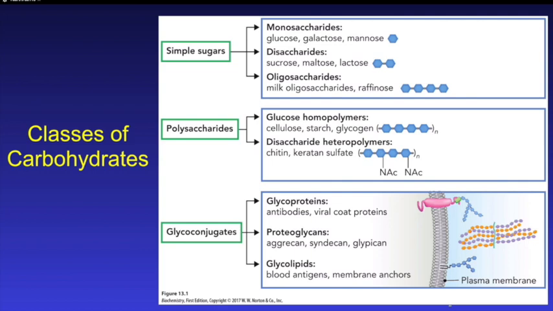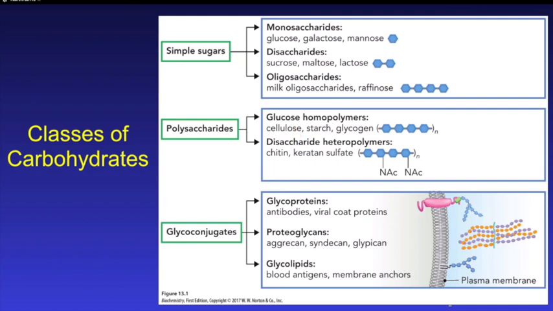Oligosaccharides are a few saccharides, but you get into a different form when you get to polysaccharides. Polysaccharides are polymers of sugars. There are homopolymers, meaning the same sugar put all together with no other sugar there, and there is a linkage. These are storage molecules like starch and glycogen, and they can be structural like cellulose.